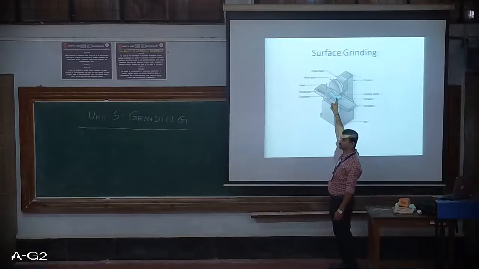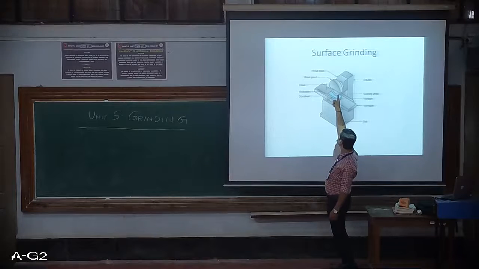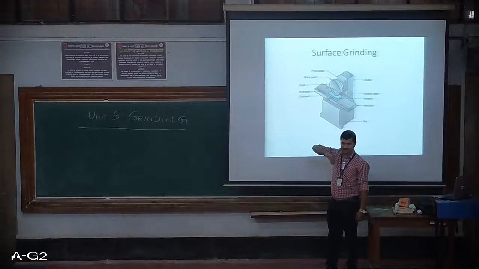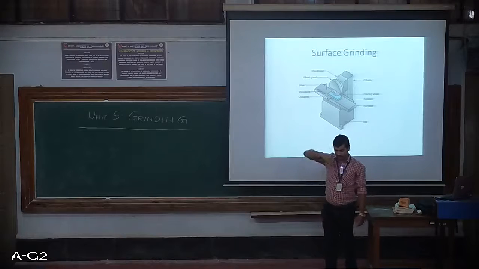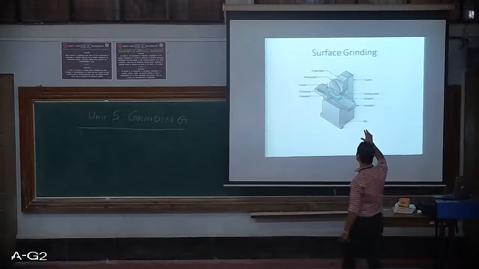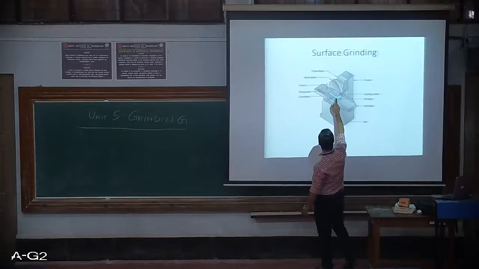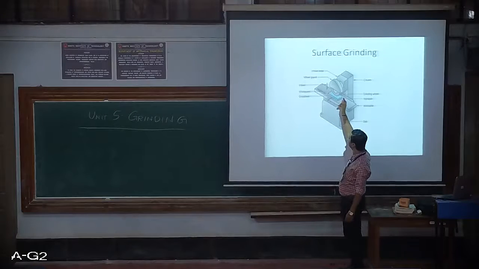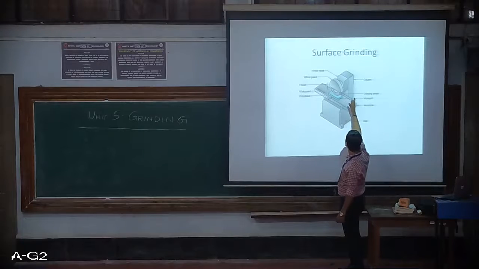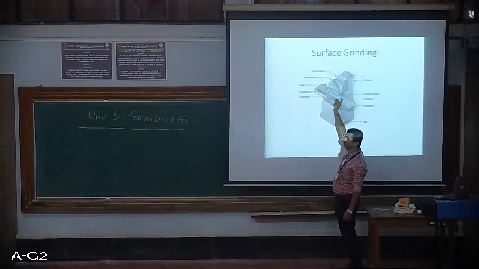So you have the work material here onto which the grinder will move along its direction. It can move in a transverse direction along x-axis, y-axis and z-axis. It can move because it is mounted inside the wheel guard and mounted on the wheel head, which is attached to a column, and this is your grinding wheel.